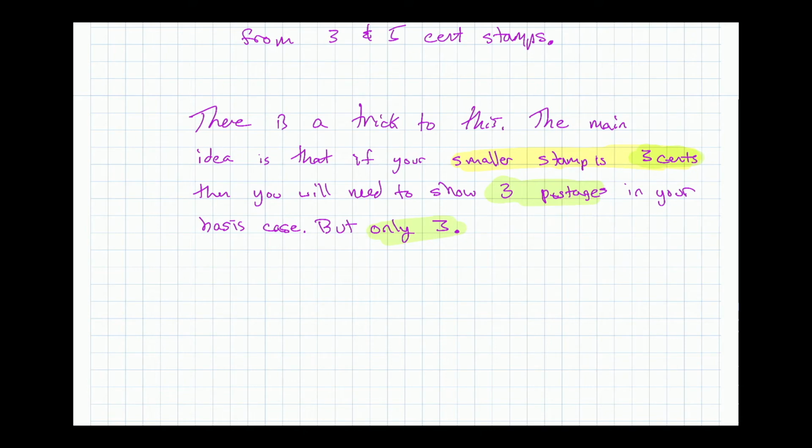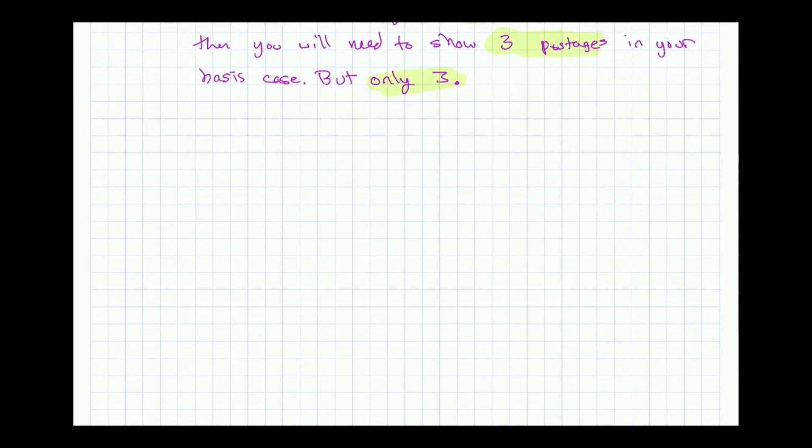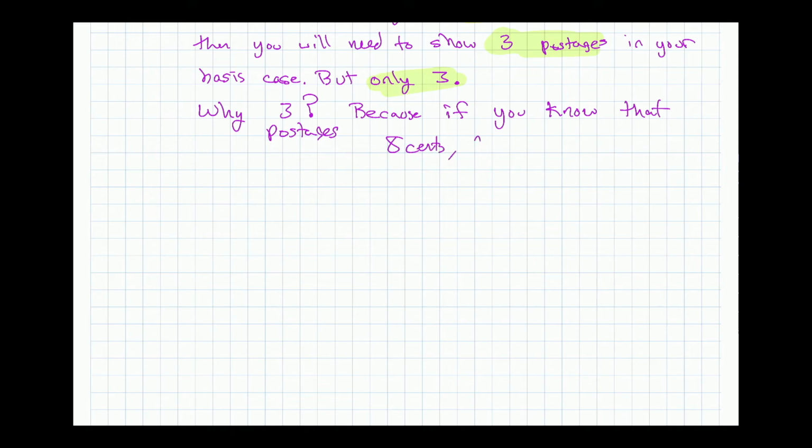Now, why would you need to do that? Well, the reason you only need 3 is because of this. Why 3? Because if you knew that, let's say, postages of 8 cents, 9 cents, and 10 cents are possible.